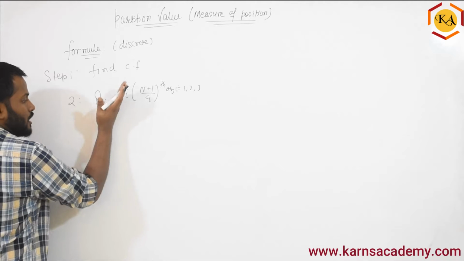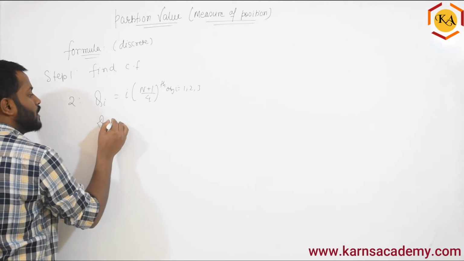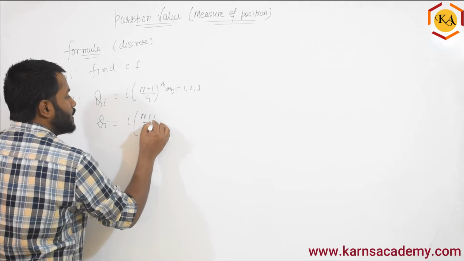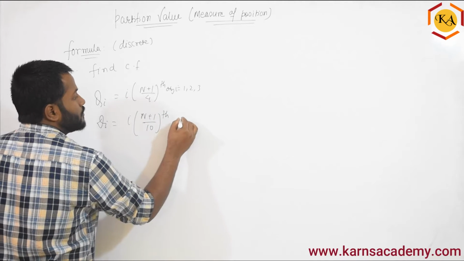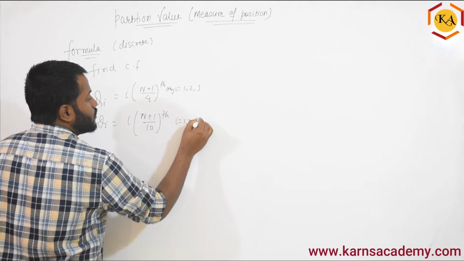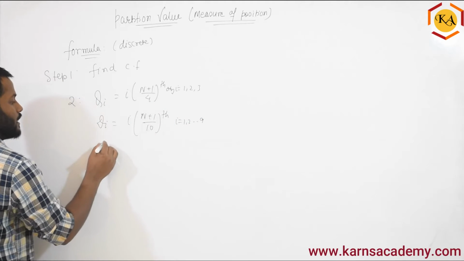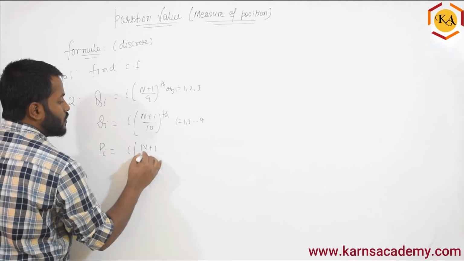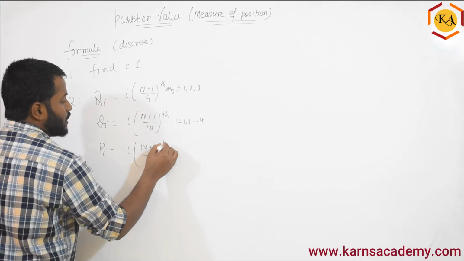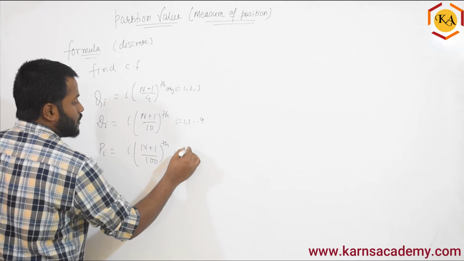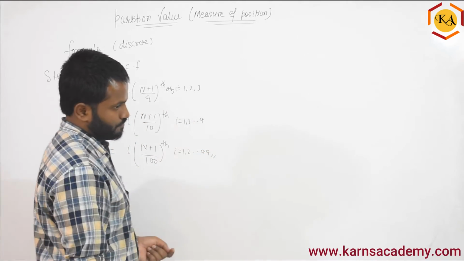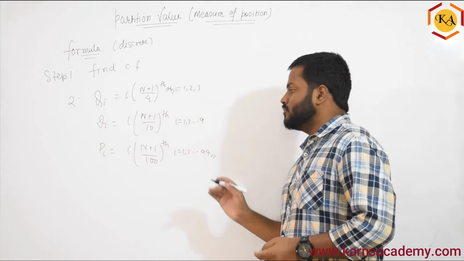Right? If it is Di, you are going to write i into n plus 1 by 10th observation, and i is equal to 1, 2 up to 9. And if it is Pi, i into n plus 1 by 100th observation, and i is equal to 1, 2 up to 99. Right. Okay. So this is how the formula works.